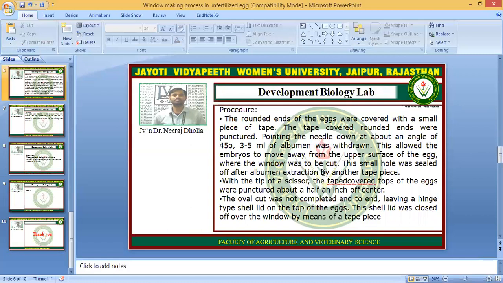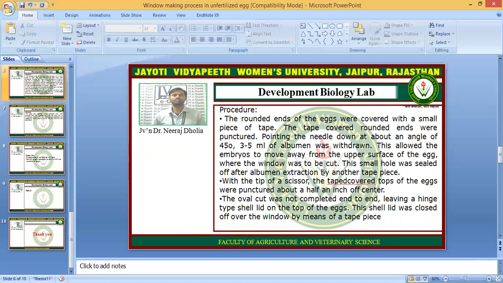With the tip of a scissor, the tape-covered top of the egg was punctured about half an inch off center. The oval cut was not completed end to end, leaving a hinge-type shell lid on the top of the egg.